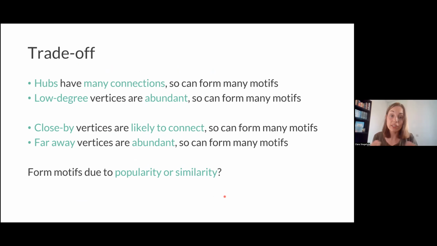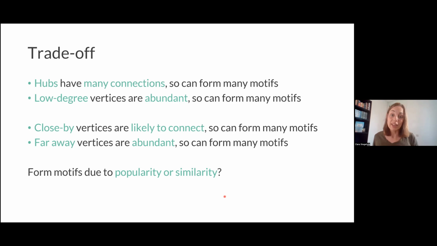The same holds for distances, because on the one hand, you're more likely to connect to close by vertices, so you're more likely to form a subgraph between nearby vertices. But on the other hand, usually there's only a few vertices nearby and many more far away. So in some cases, it may actually be beneficial to connect vertices which are further away to create this motif.